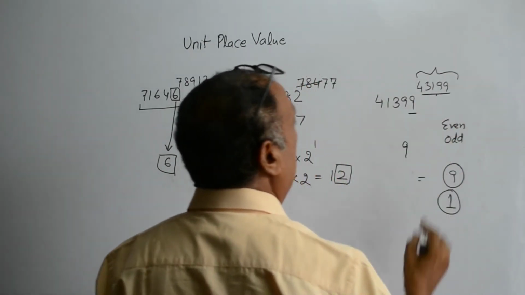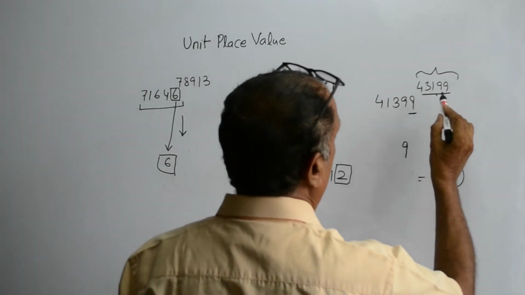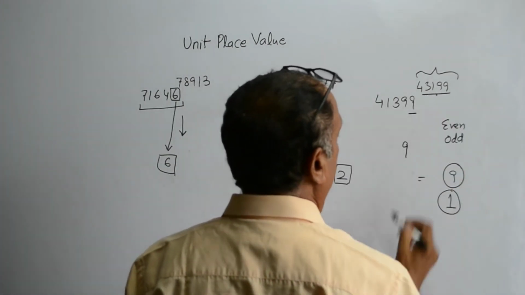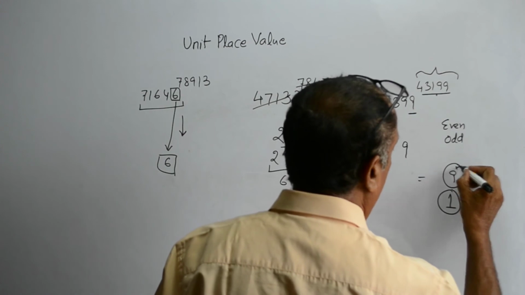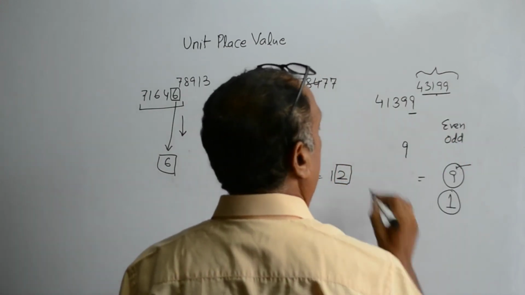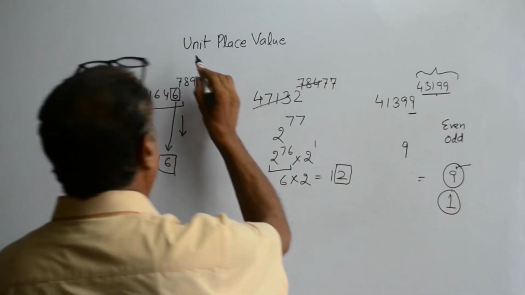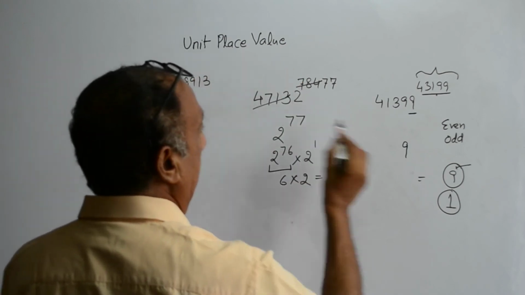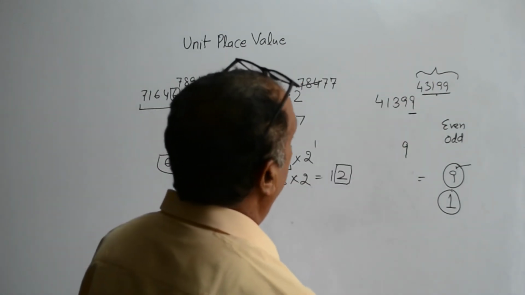In this case, the exponential is an odd number, so our answer of this expression is 9 when we find out the unit place value of this problem.